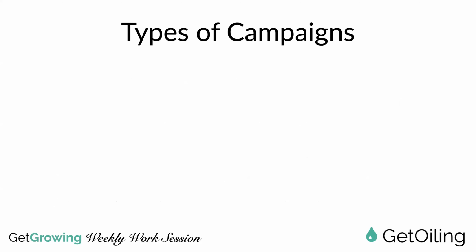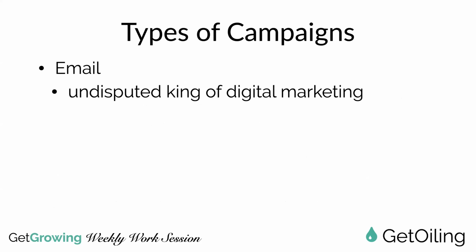So let's talk about the different types of campaigns you can use. First is email. And listen, guys, fight me on this. Email is the undisputed king of digital marketing. Whether you feel like you don't like to open emails, or maybe you assume that others don't either, understand that there is no billion-dollar company in the world that does not utilize email as a primary means of marketing.